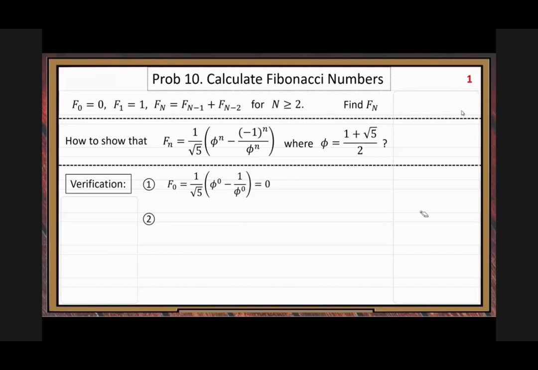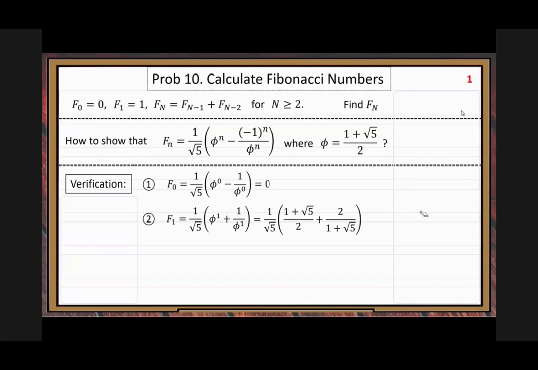Case number 2, F1. Let us plug in n equals 1. This time we need to do some calculation. But the second term, 2 over 1 plus root 5, the denominator is a little complicated.